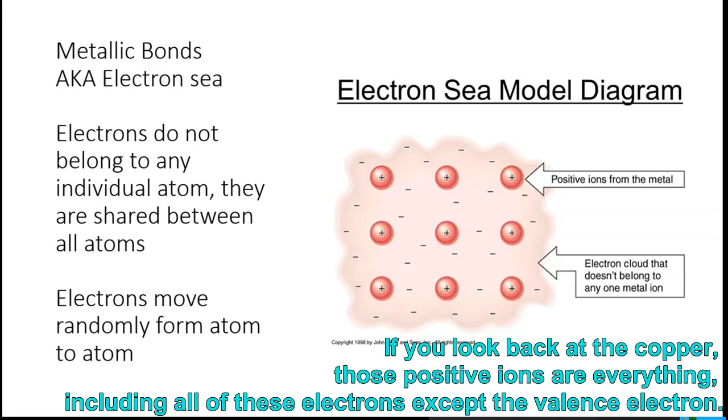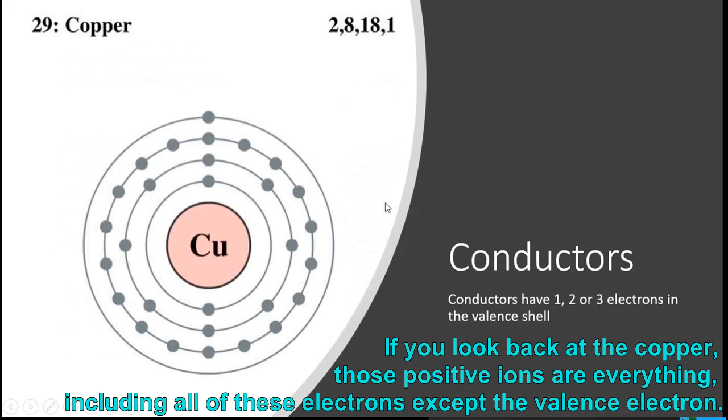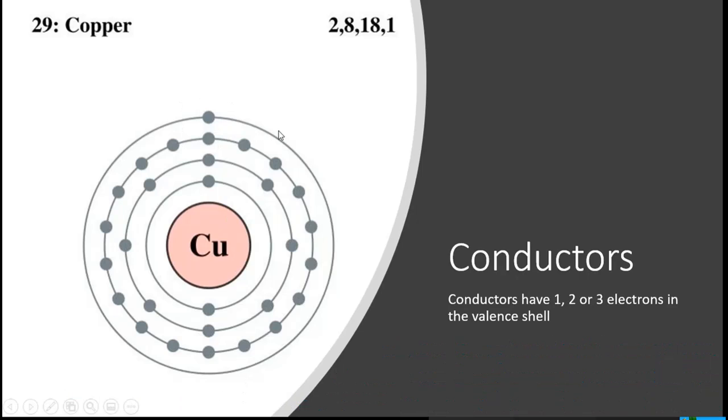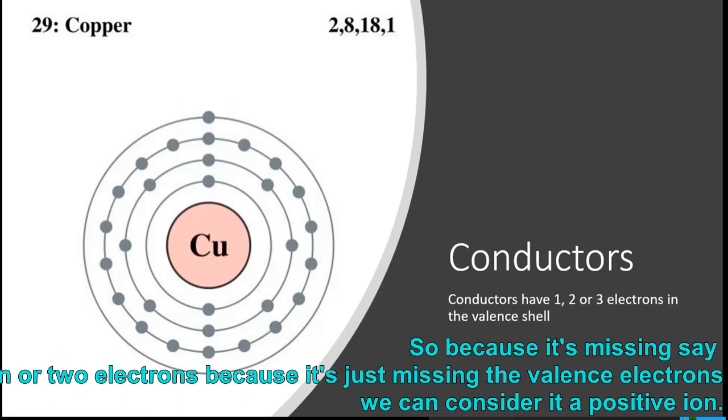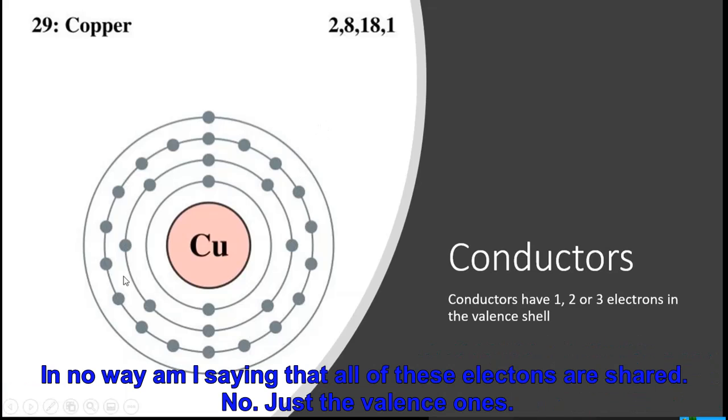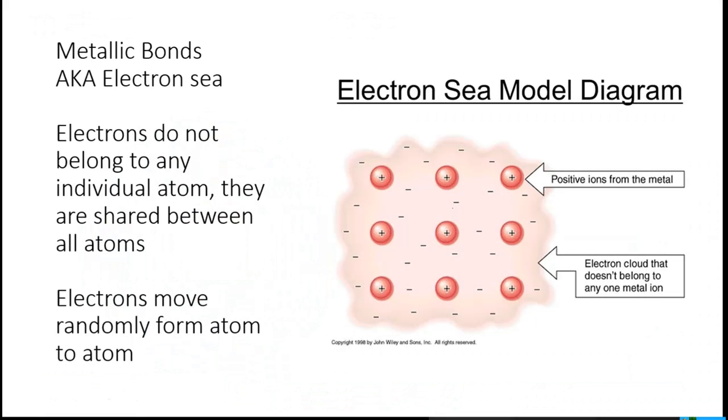If you look back at the copper, those positive ions are everything, including all of these electrons, except the valence electrons. Because it's missing, say, 1 electron or 2 electrons, we can consider it a positive ion. But in no way am I saying that all of these electrons are shared. No, just the valence ones, okay?